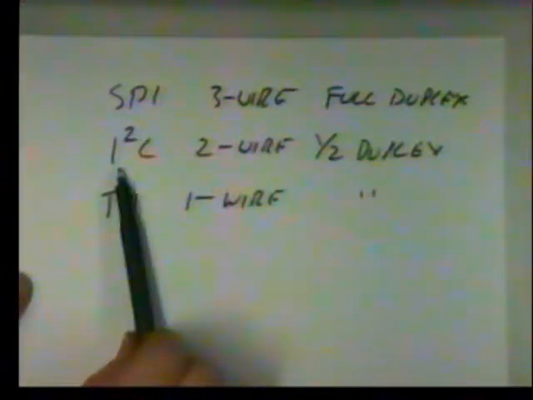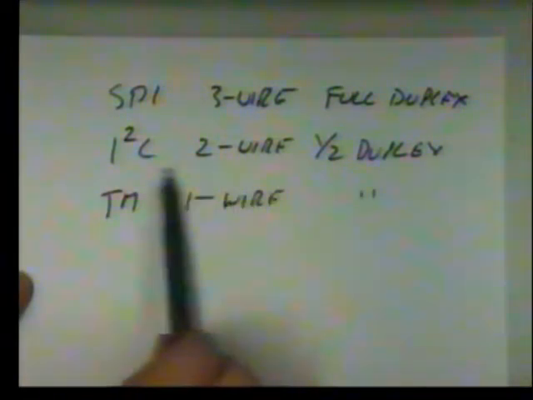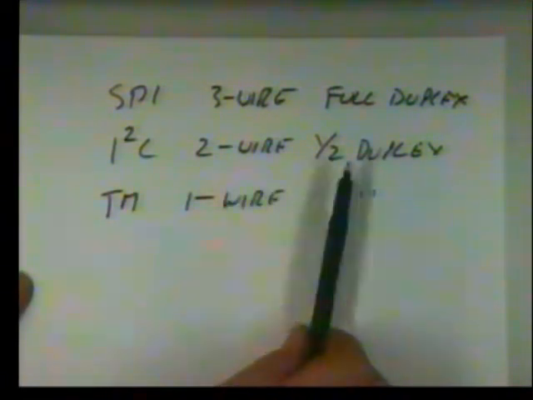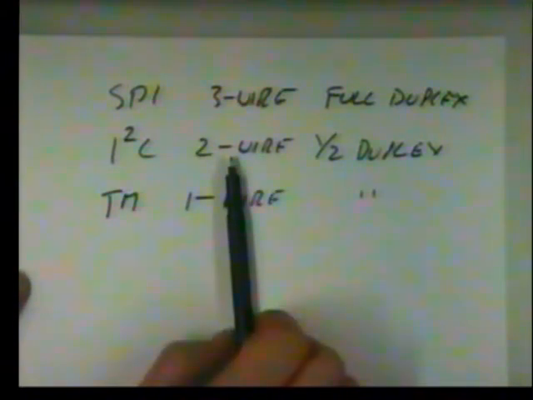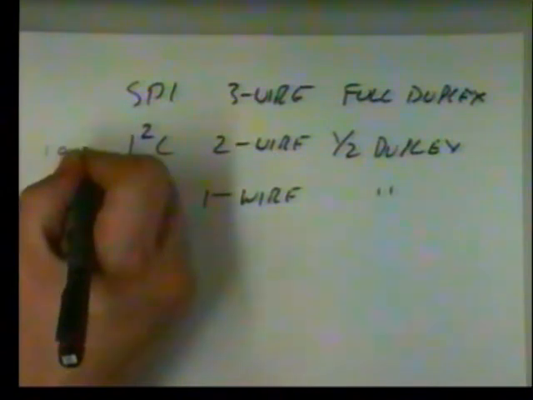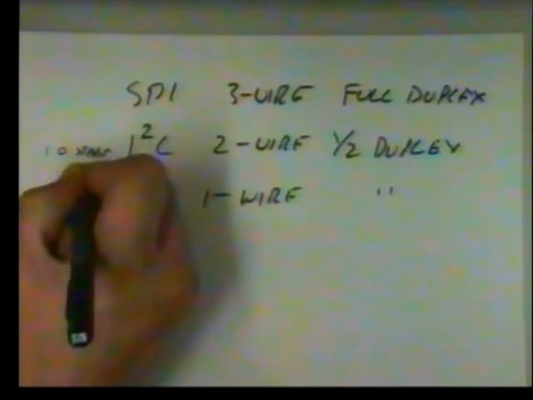So instead, the far more robust I2C inter-integrated circuit standard came into being. 2 wires, half duplex, with a clock and a data line. And remember, we defined a 1, a 0, a start and a stop.